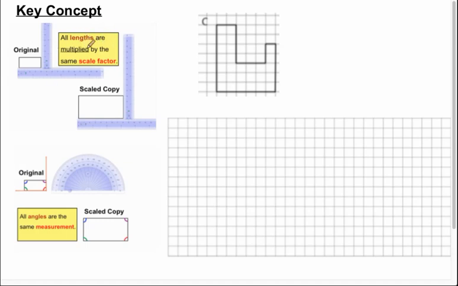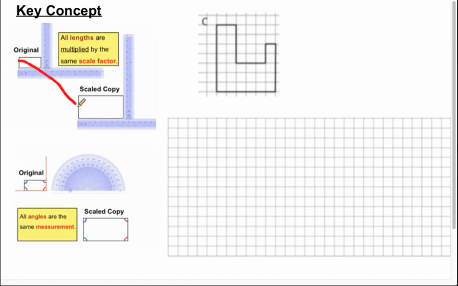All lengths are multiplied by the same scale factor. If you indeed have a scaled copy of an original, then you are going to be multiplying all lengths by the same scale factor, and all corresponding angles are going to have the same measurement. So all corresponding lengths will be multiplied by the same scale factor.